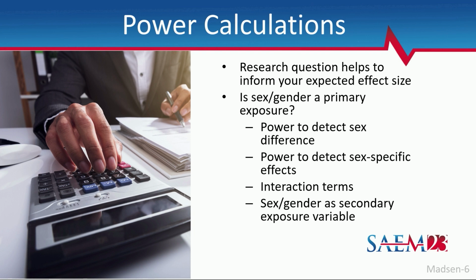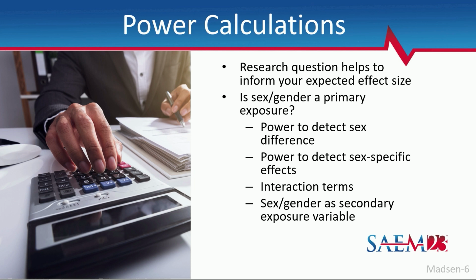Interaction terms can also be tricky, but are another good way to look at sex differences. This makes your sample size much larger, and I would certainly recommend working with a statistician to decide on your interaction term and the types of variables going into it, continuous, binary, et cetera. And then you have to do a specific power calculation to power your study to detect a significant interaction term, which can be challenging.